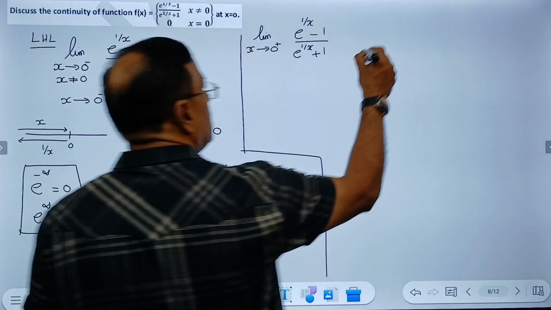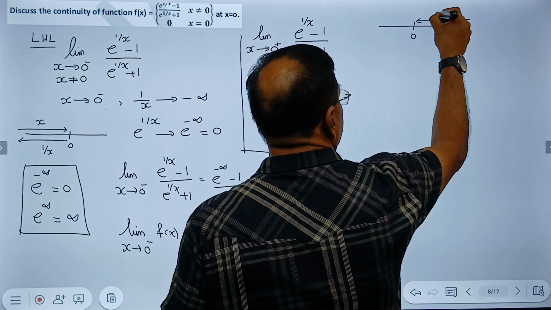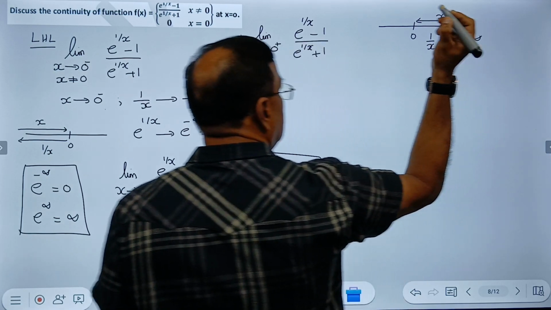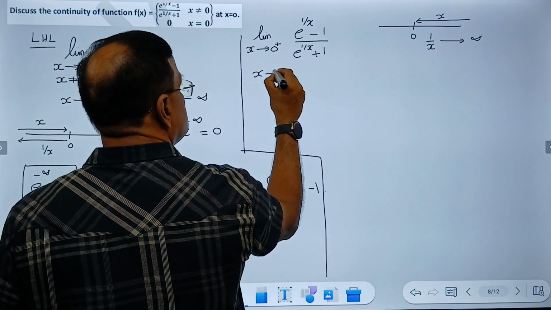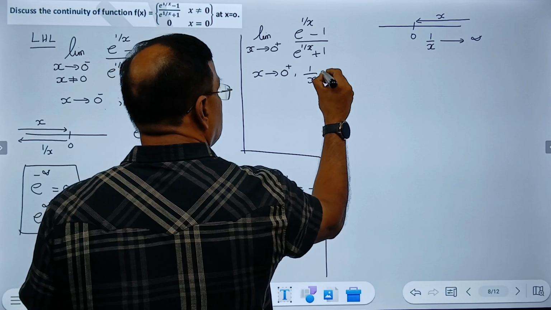So, when x approaches 0 from the right side, 1 by x will approach infinity.